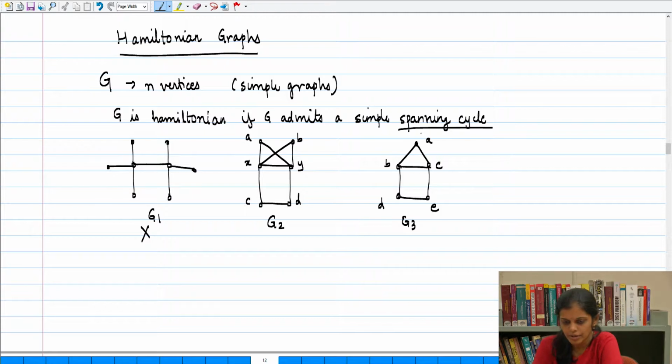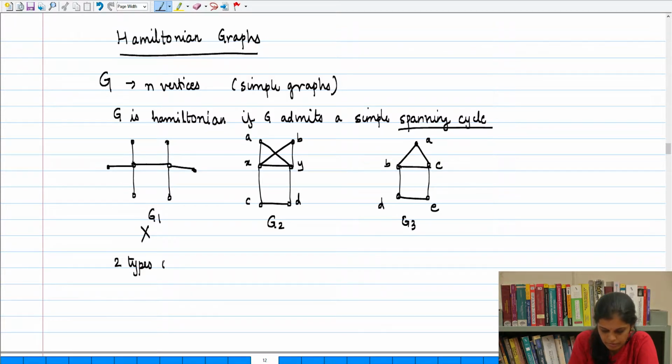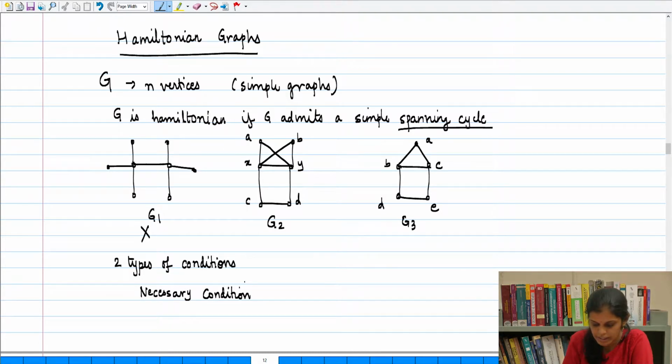So what we are going to do is, we are going to look at two types of conditions. So the first condition is going to be a necessary condition, and the second condition is going to be a sufficient condition.